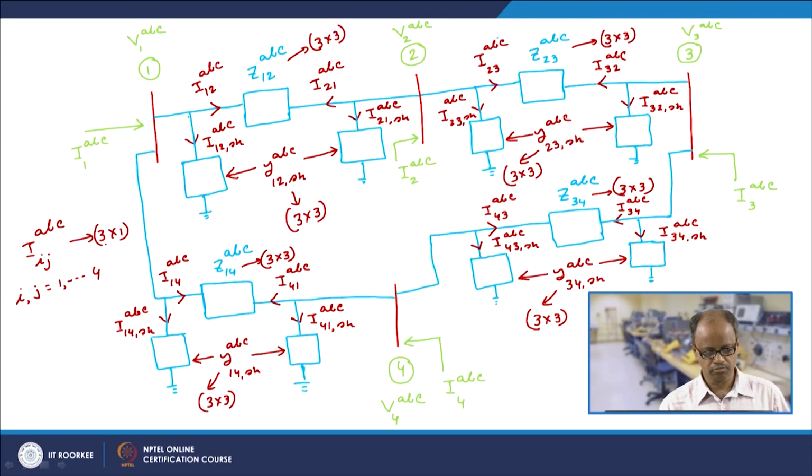Now, here we have already shown that the injected current is equal to ultimately this current plus this current plus this current plus this current.